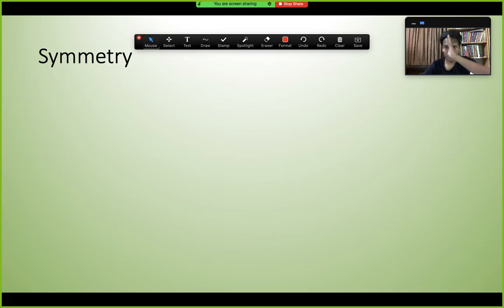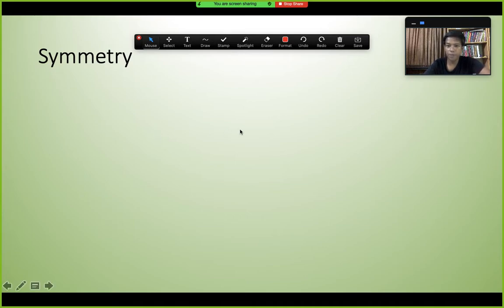Look at my face. If you draw a line through the middle, you see I have one eye this side and another eye this side. I have one ear here, another ear here. So you see, about this line, the left and the right are basically the same thing. So I can say that about a vertical line, the left and right sides are symmetric, basically the same thing, just a copy.